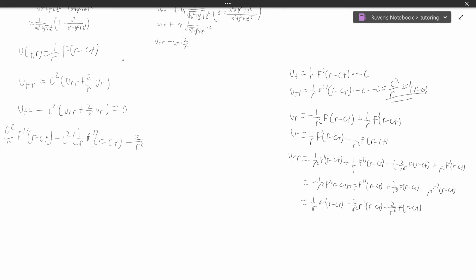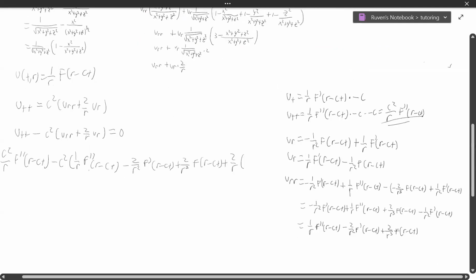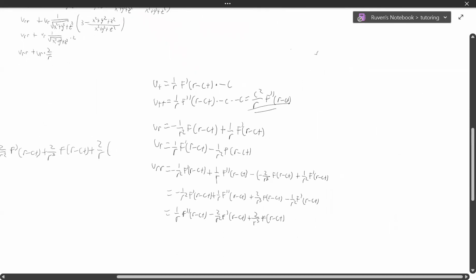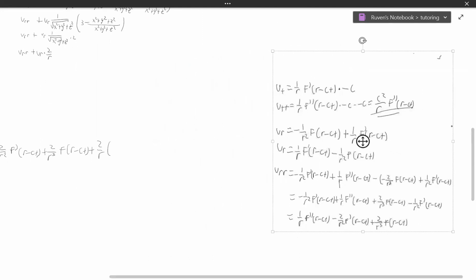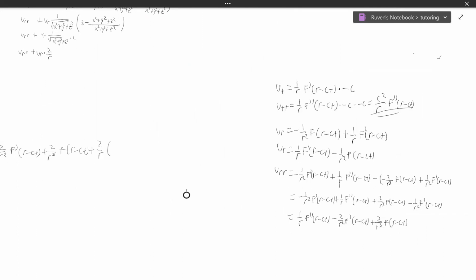Plus 2 over r times 1 over r f'(r minus ct) minus 1 over r squared f(r minus ct). There, bam, and bam.